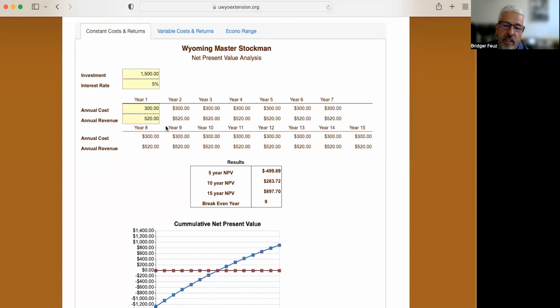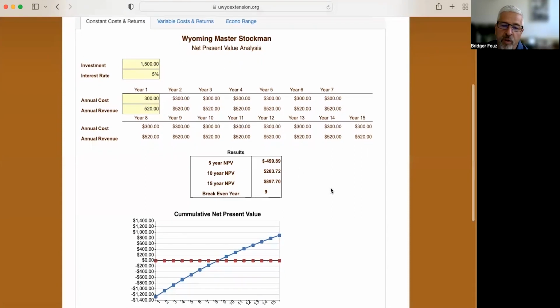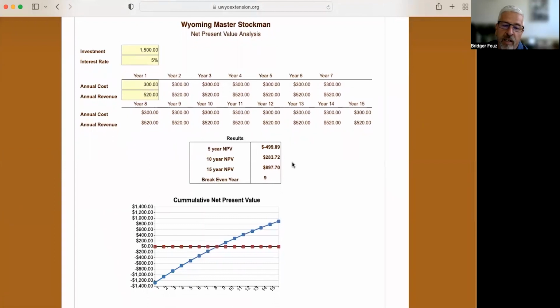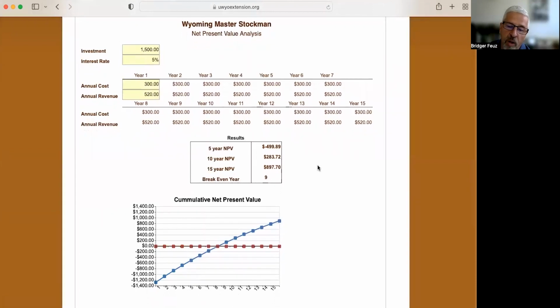So if this would be your cost, and again, you'll have to enter your costs in each of these categories to be accurate for you. After 5 years, our net present value would be negative $499 per acre. So, even though they were making that extra $520 per acre a year, we wouldn't pay it off until the 9th year.